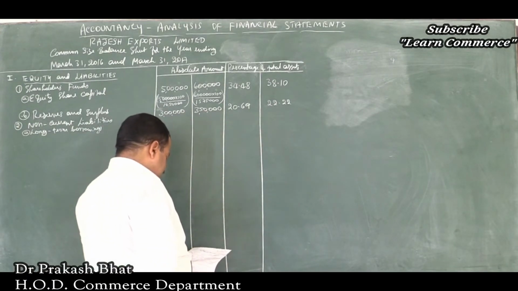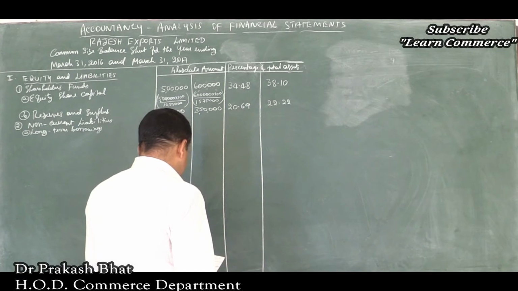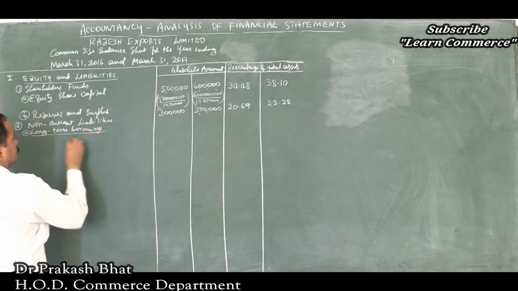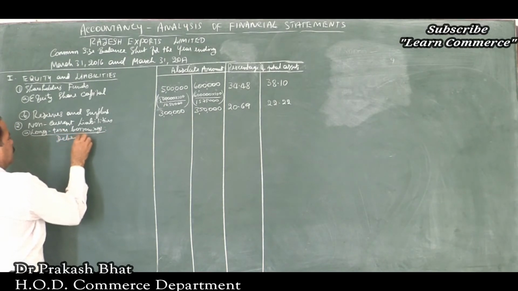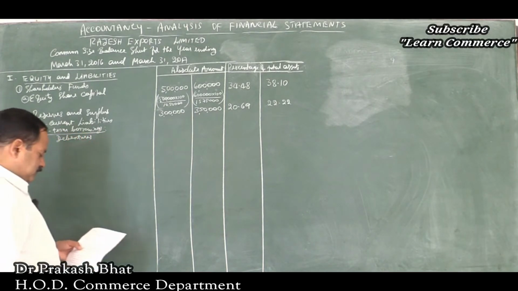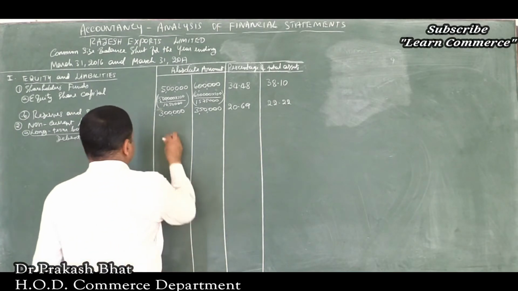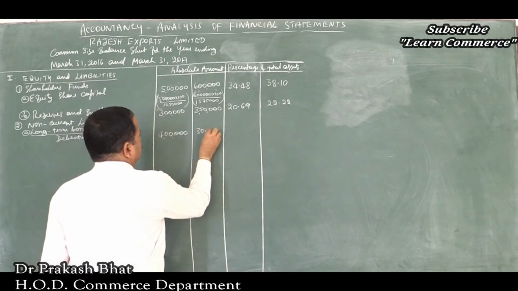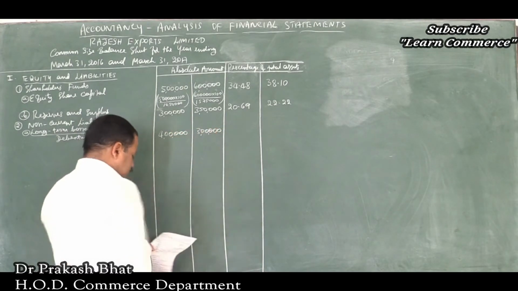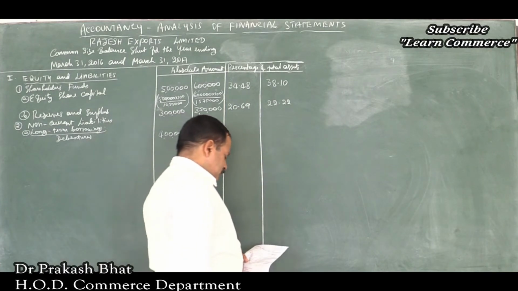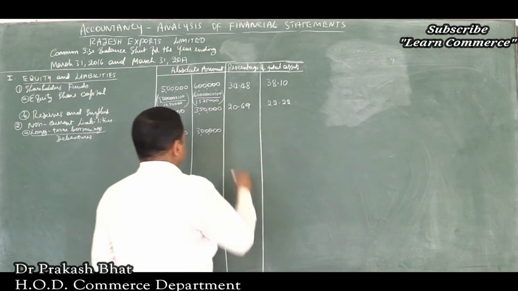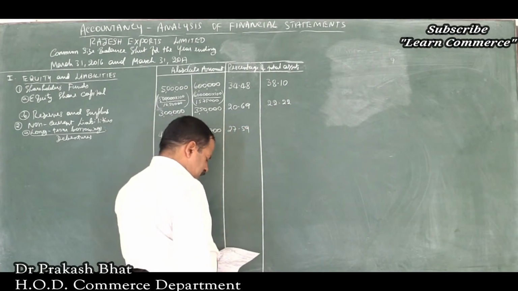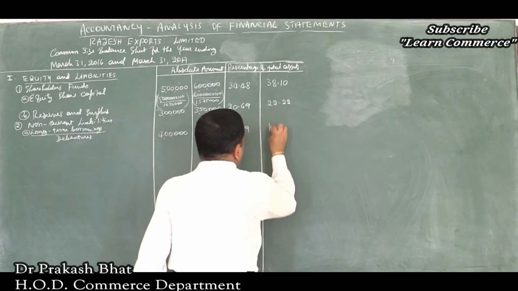So long-term borrowings, how much? Debentures, 4 lakh and 3 lakh. Percentages 27.59 and 19.05.